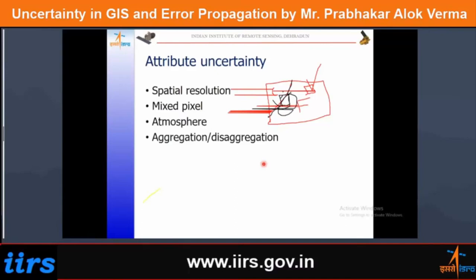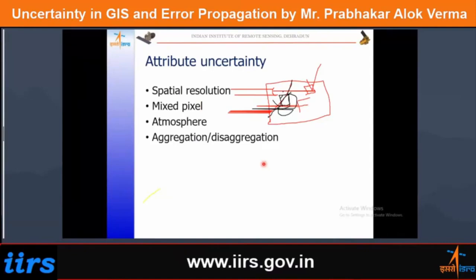But when it comes to identifying scrub and cropland, it becomes difficult if contrast is poor. If we are not able to discriminate properly, there may be an error in attribute as well as position. If there is error in position, there will be error in attribute also.